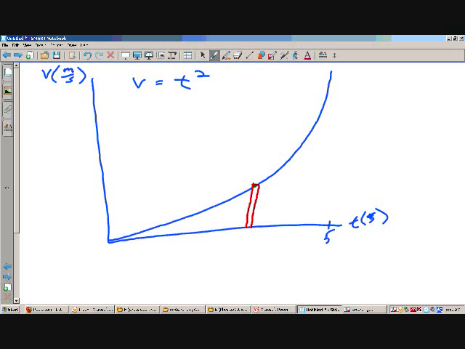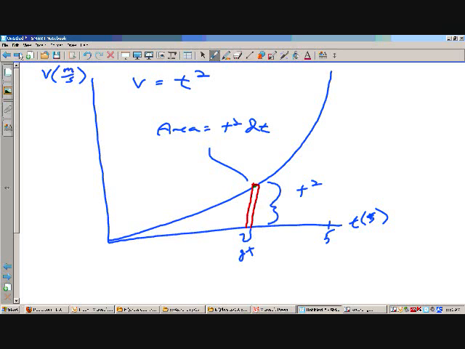Then the height of my rectangle is simply t squared, and the width is a very small increment in time. The very small increment in time is dt. And so the area of this little rectangle is simply t squared times dt, height times width. Okay?